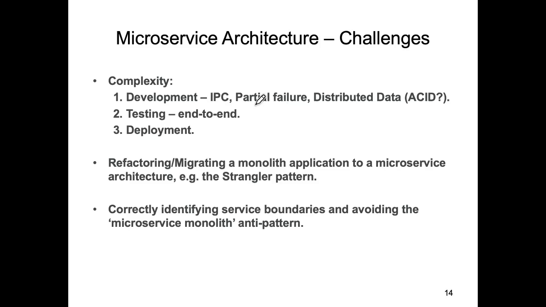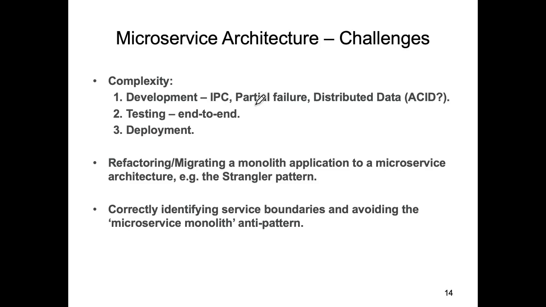So if one of my services, in dealing with a request that comes in from the client, needs to communicate with another service, but that service is down, as in it's inaccessible, then what do we do? How do we handle that scenario? Hopefully it's temporarily down, but how do we deal with that? We have to somehow programmatically deal with that issue.